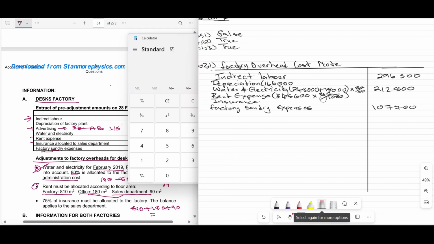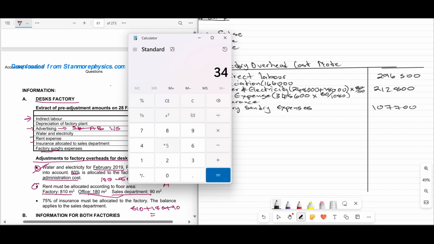So let me try and make it clearer. It will be 345,600 times 810 divided by 1,080.